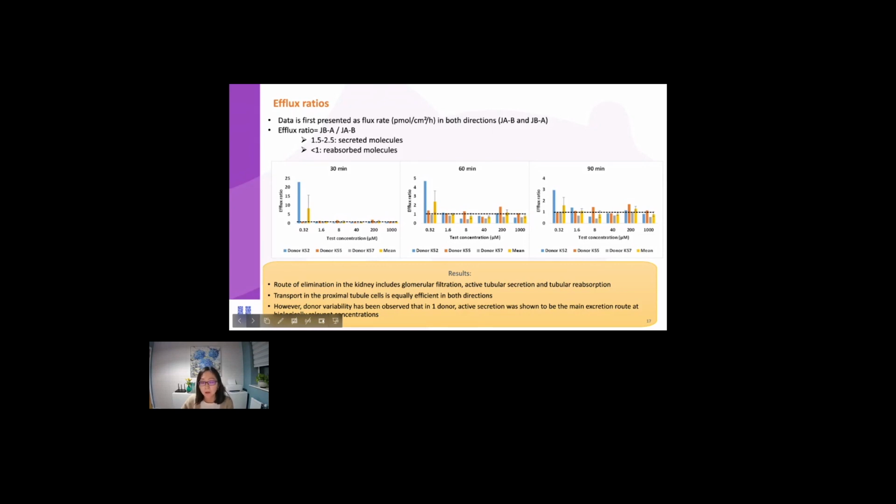However, in most of the data, transport in the kidney cells is equally efficient in both directions. However, donor variability was seen, in that in one donor active secretion was shown to be the major excretion route at biologically relevant concentrations.